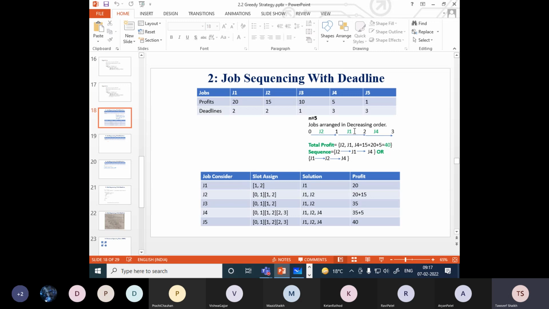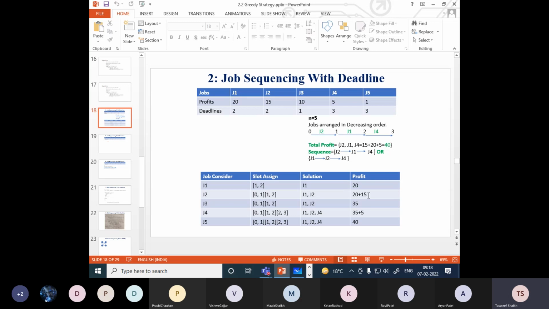This is the solution for J1, and the total profit we earn by giving it the slot from 1 to 2 is 20 rupees. Similarly, next in line is J2, and J2 will be given the slot from 0 to 1, and already 1 to 2 is the previous one. This becomes the solution for two tasks, J1, J2.